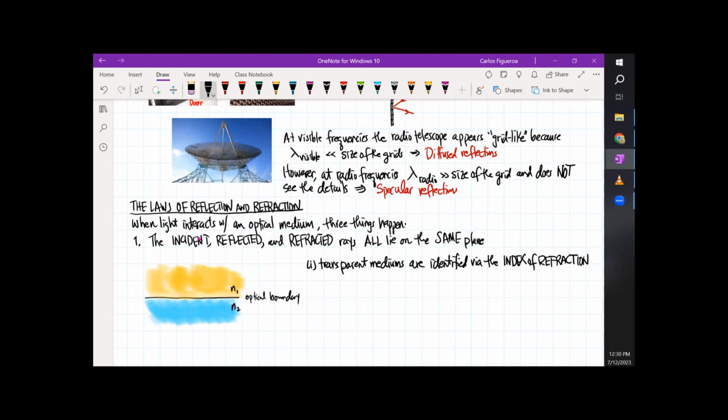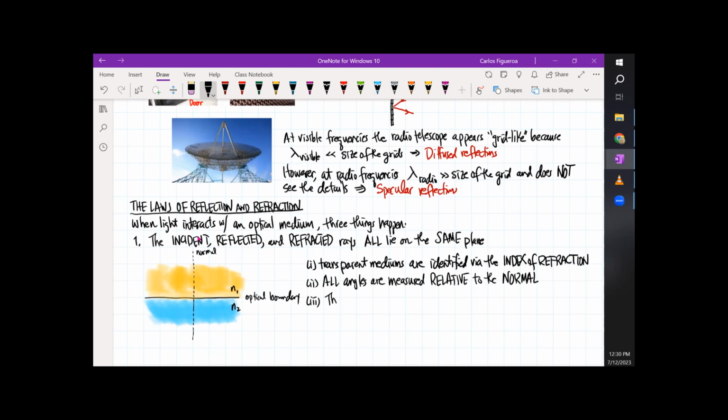Now what we find here is that all angles are measured relative to the normal. So it's got to be normal to the surface. Let's say that this guy right here is the normal. Now there are three rays.